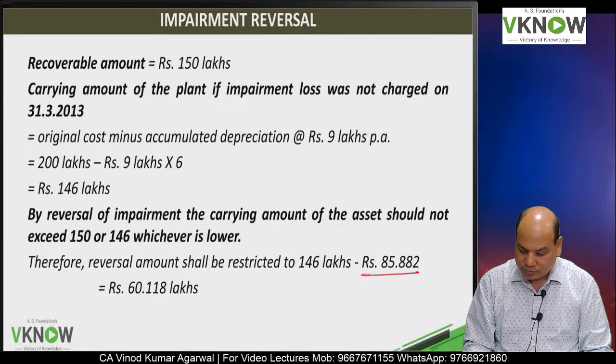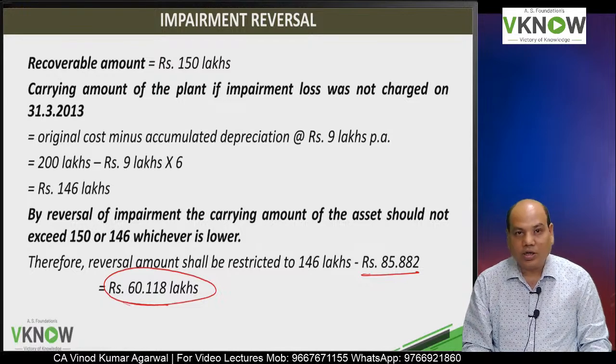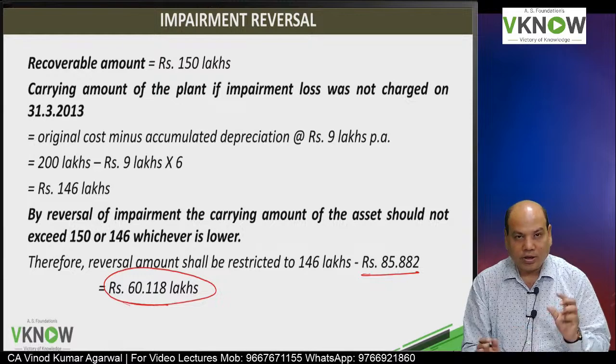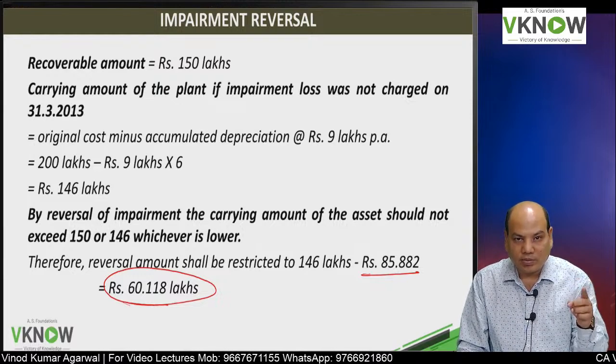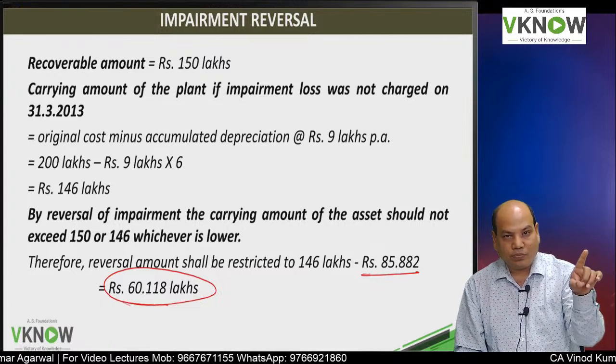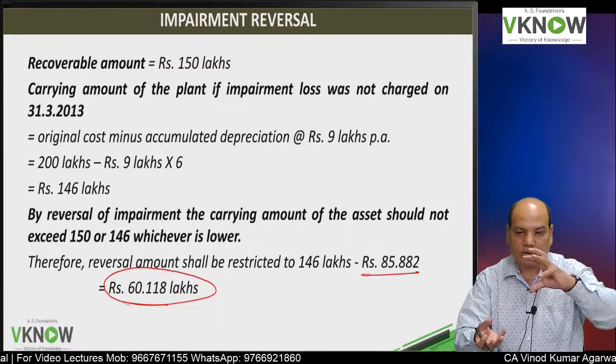Now the question is the journal entry for reversal of impairment loss of 60.118 lakh. When we had created impairment loss, students will remember the first entry was impairment loss to provision for impairment loss. Now reverse it.